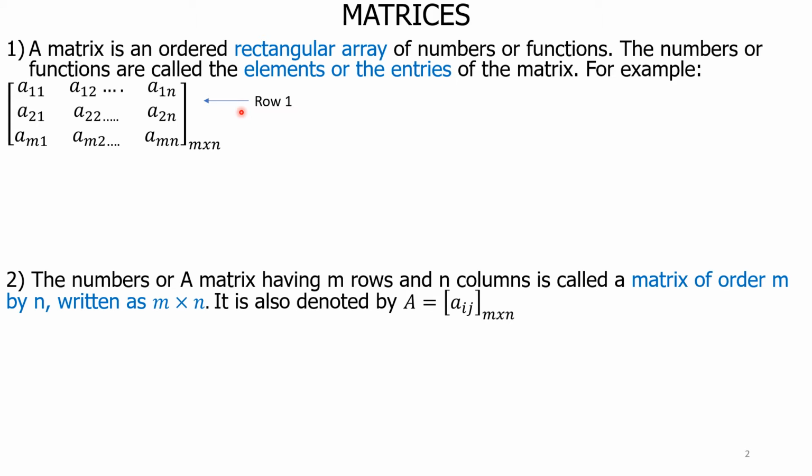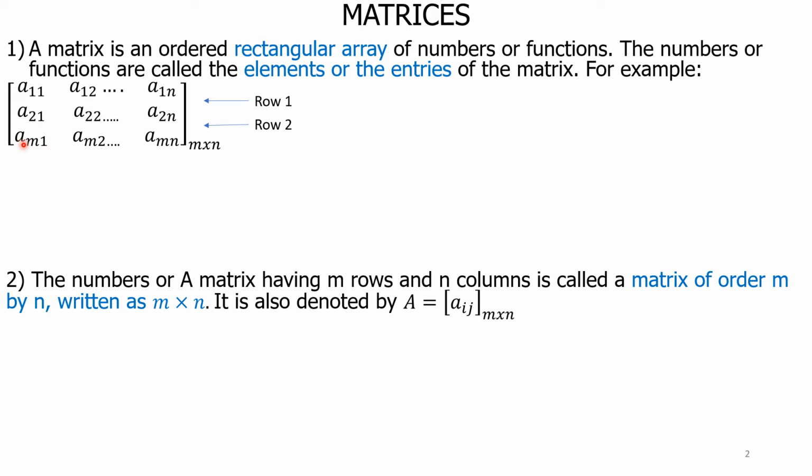And in the next row, the elements written are A21, A22 and A2n. This is row 2. And like that, you can write A31, A32, A33, A3n, etc. So like that you can go up to m.